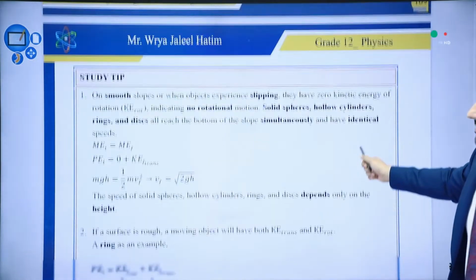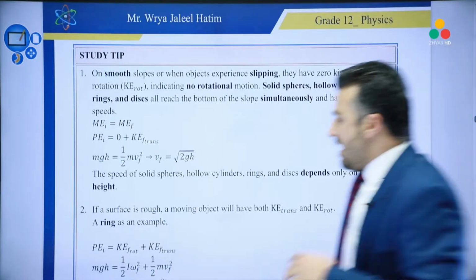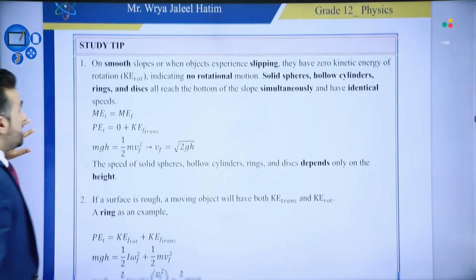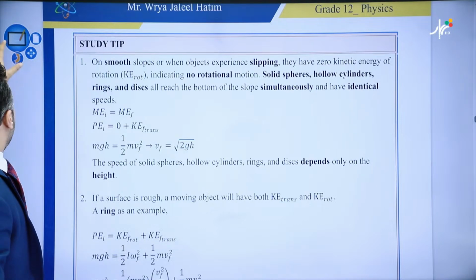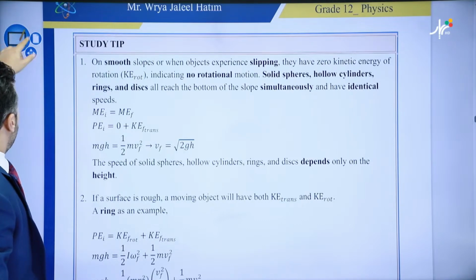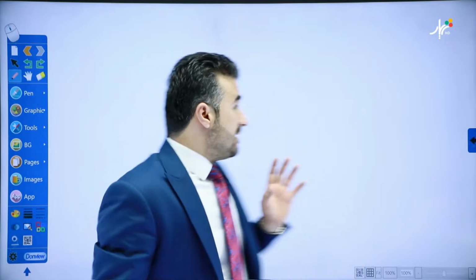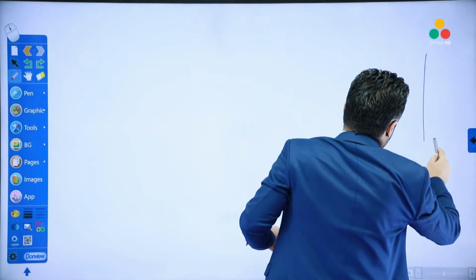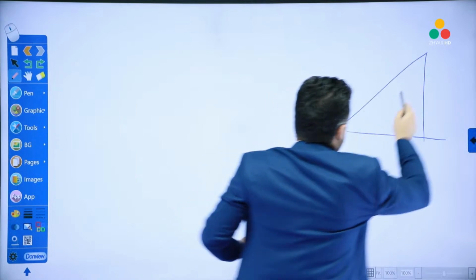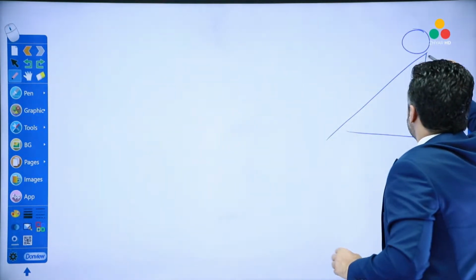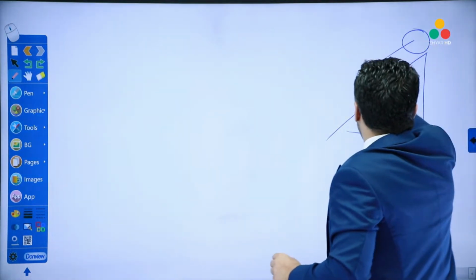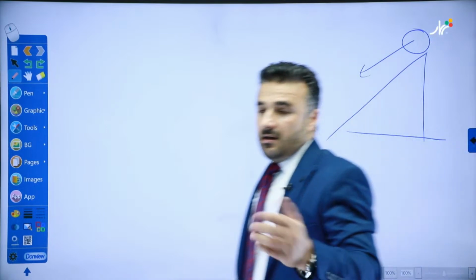Now let's talk about this study tip. It says on a smooth slope, or when the object experiences slipping. This is very important. When the object experiences slipping, what will happen? Bear with me. Let's say here's the incline, and here's the object falling down and slipping.